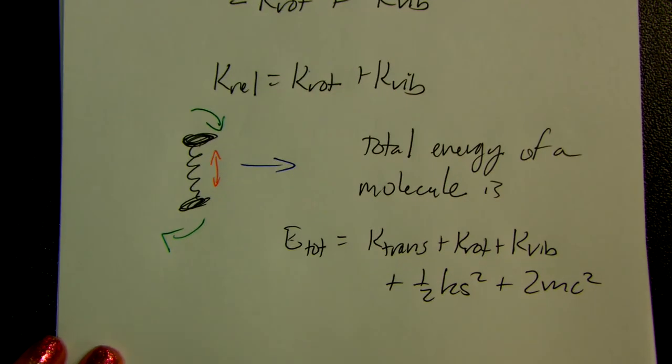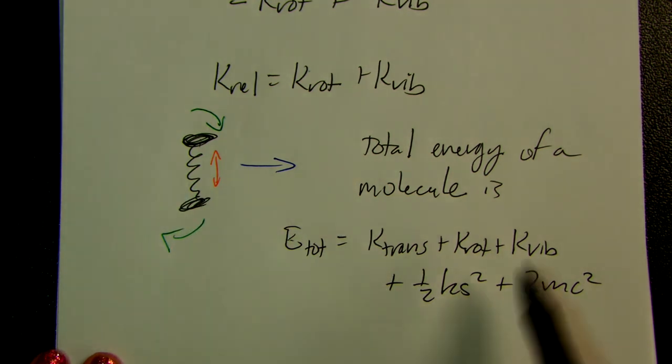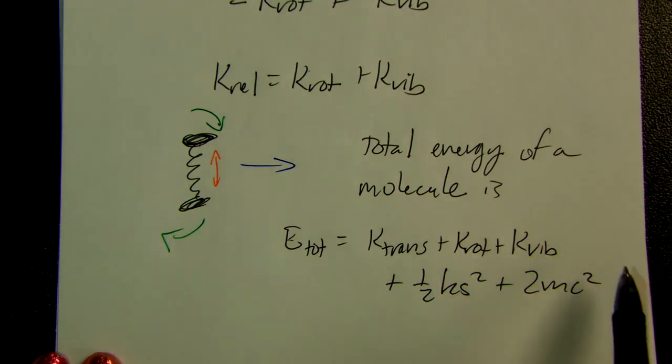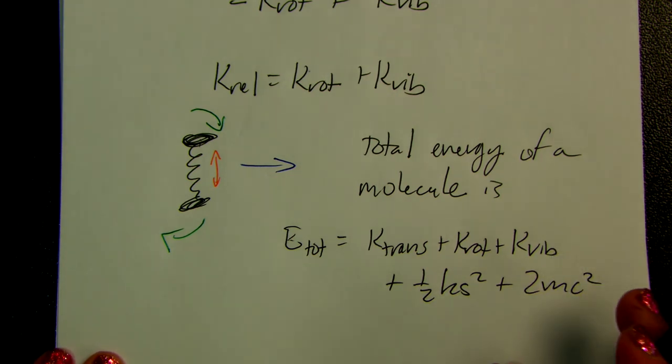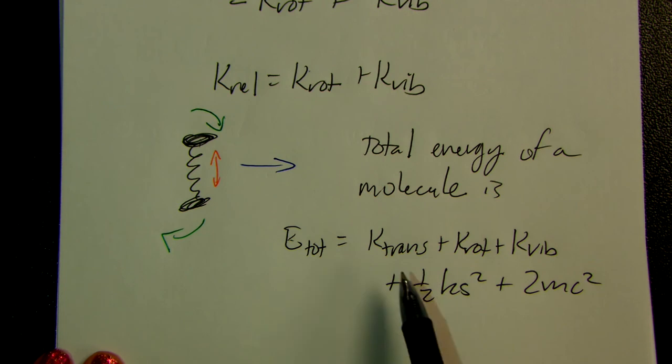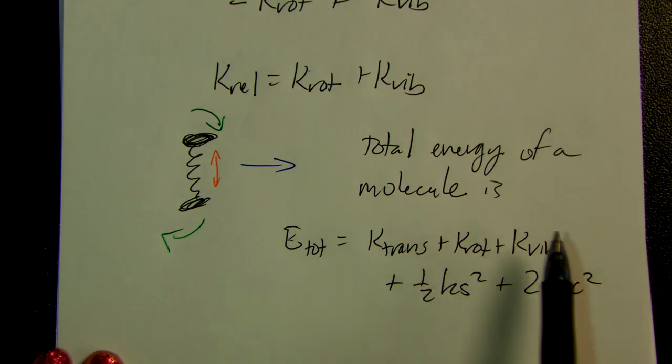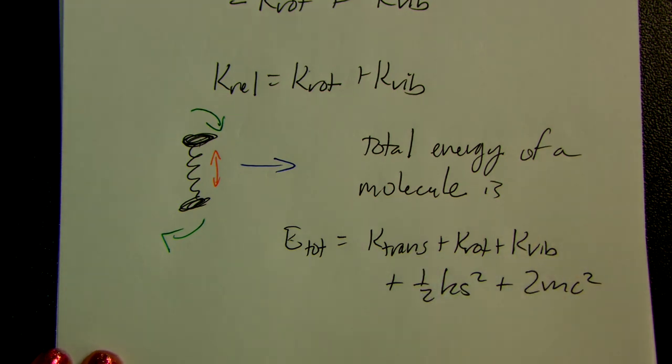And there you have it. So you have the spring-related potential between these two here, all of the kinetic energy, and then of course the rest mass. All right, so one thing to note, this isn't the only types of relative kinetic energy, but these are the most common ones.